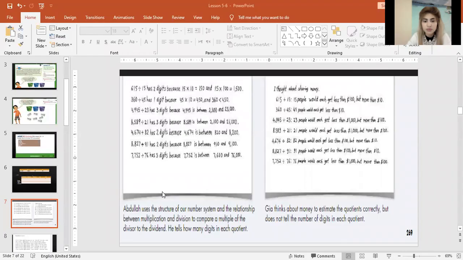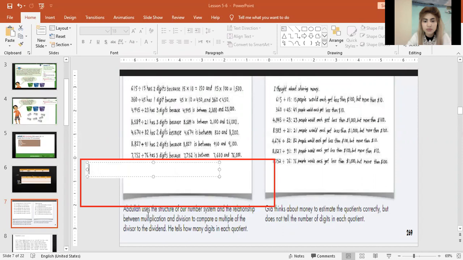Let's go here. Again, I will explain another example here. It's very important. If I have, let's say, 4,945 divided by 23, the answer here must be less than 4,945 and greater than 23.